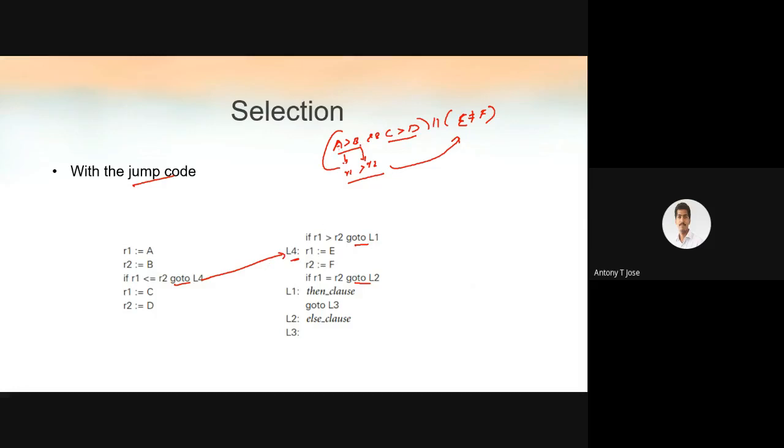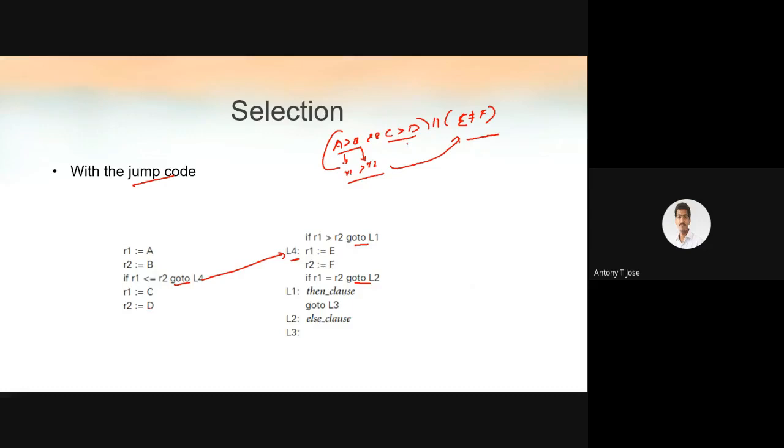A greater than B is false, which means R1 greater than R2 is false, which means R1 less than R2 is true. So if this condition is true, that means A greater than B is false, it will go and check the E not equal to F condition. Clear? Likewise, it will go for CD.